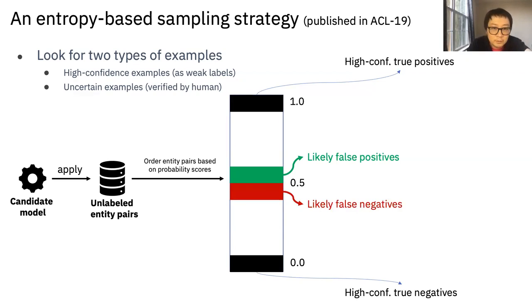Similarly, we also look for examples whose probability scores are just below 50%, and we call them likely false negatives, again, because their prediction score is below 50%, so they will be labeled as negative, but it's close to 50%, so it's likely that they are incorrect. So we get these two types of examples, and then we ask the user to label them. Once the user labels them, we send them back to the training data to refine the candidate model, right?